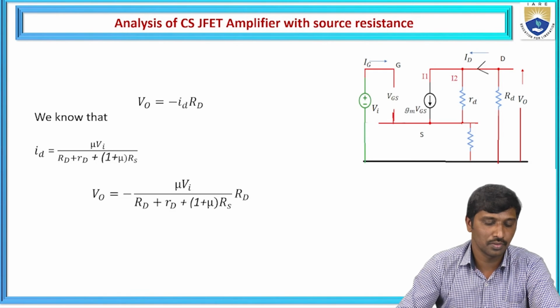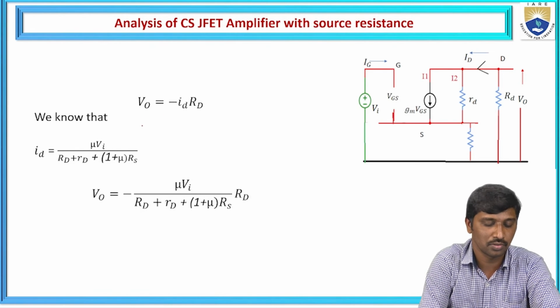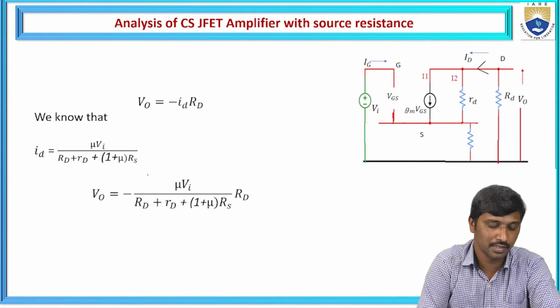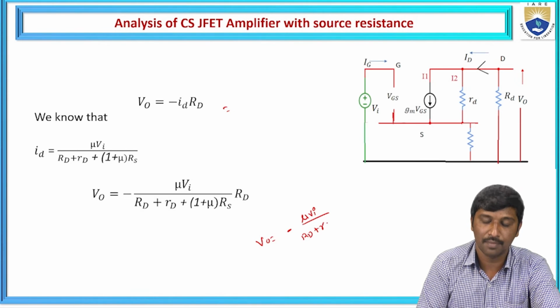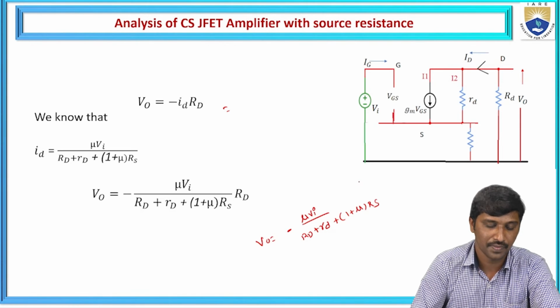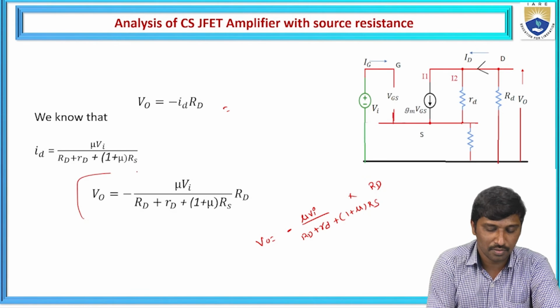Now I'm going to substitute the ID value, so V0 is equal to minus mu times Vi by capital RD plus small rd plus 1 plus mu times Rs, into capital RD. Now this is V0.